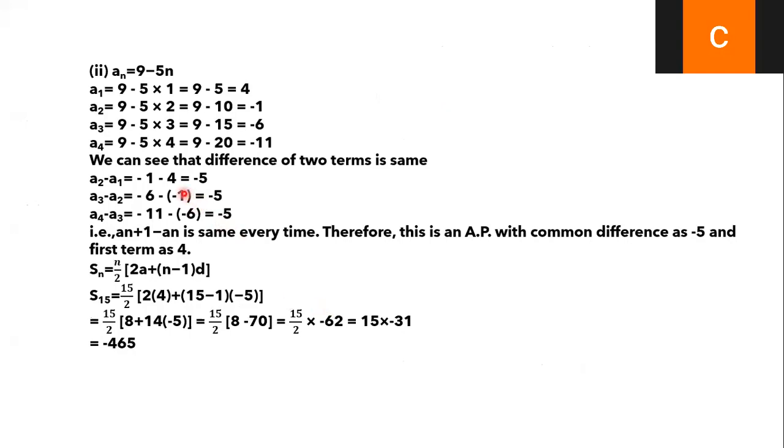Ma'am, -5. Minus 5. Minus 1 and minus 4 is -5. So common difference we are getting -5 same. So say it is an AP first. Then they are asking us to find the sum of 15 terms. Then apply a value 4 and d value -5. So we are getting answer -465.